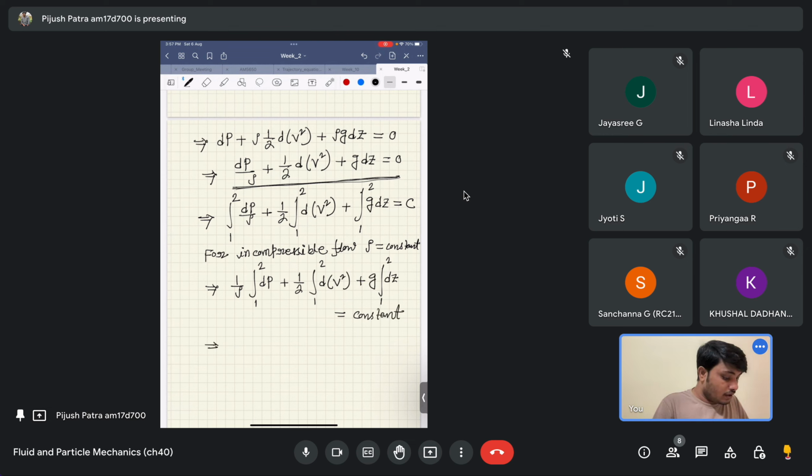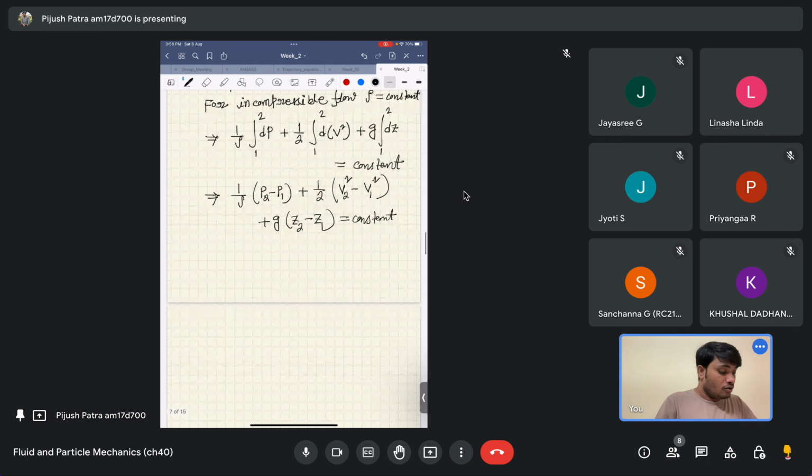So what will be that term finally? 1 by rho into (p2 minus p1) plus half (v2 square minus v1 square) plus g into (z2 minus z1) is equal to constant, right?